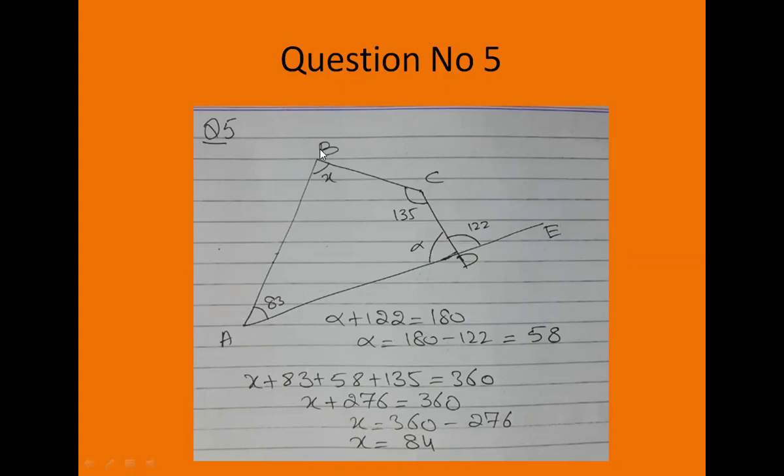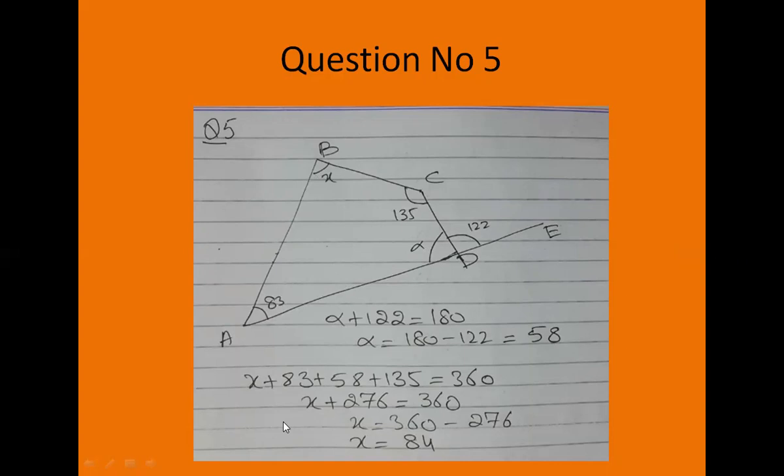It's a quadrilateral, a four-sided polygon. We call it a quadrilateral. The sum of the internal angles of a quadrilateral is 360. So I will add x plus 83 plus 58 plus 135, and that will be equal to 360.